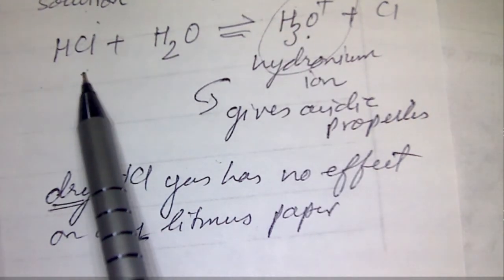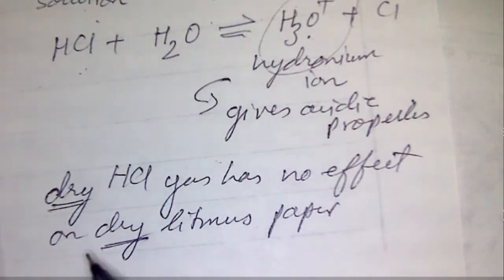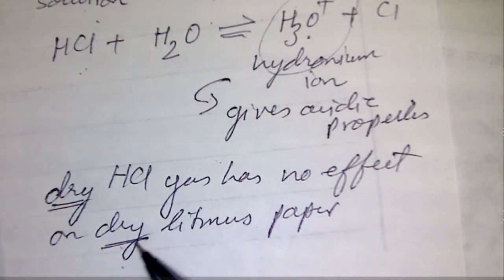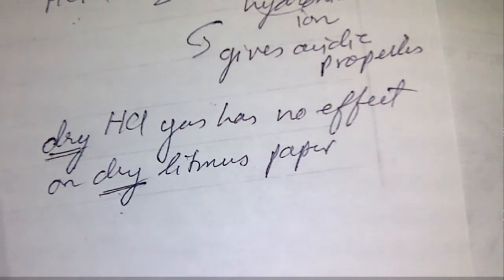Hydrochloric acid is because it is dissolved in water. So here, since both of them are dry, hydronium ion is not formed, and since hydronium ion is not formed, it will not have any effect on litmus. Clear?